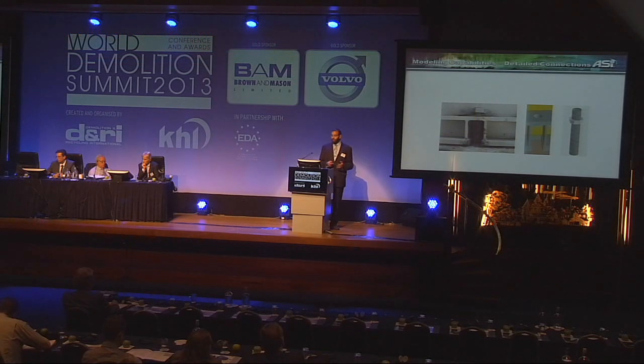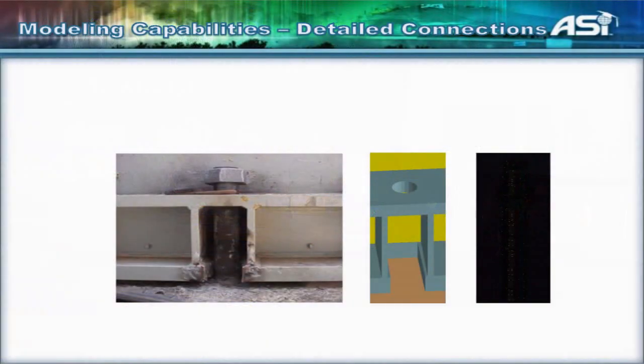And using this technology, it's possible to do it much faster than we used to do before. And you take this level of detail and you incorporate it in the whole model for the whole structure.